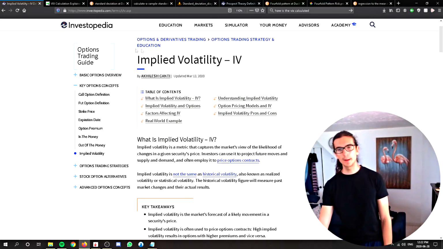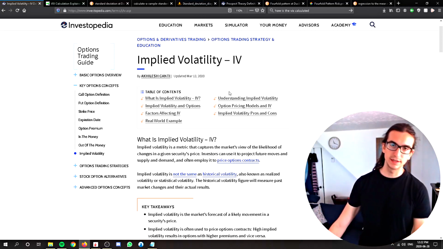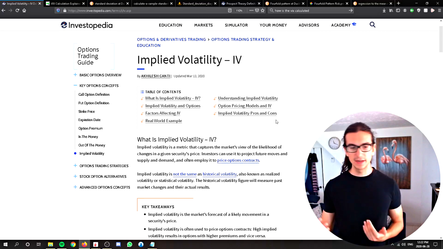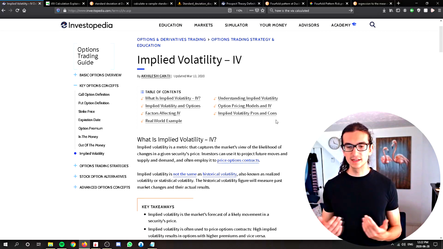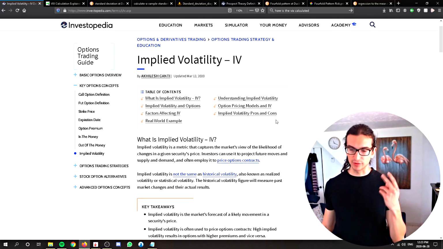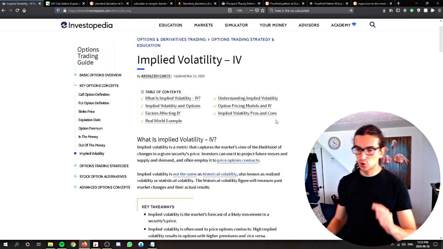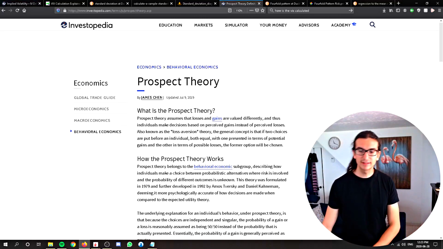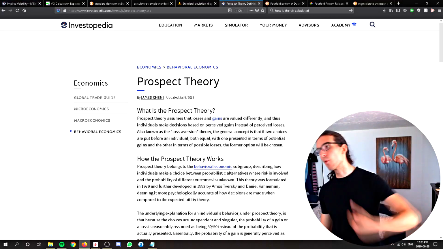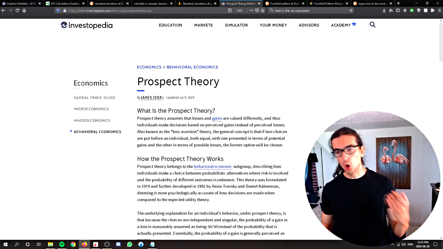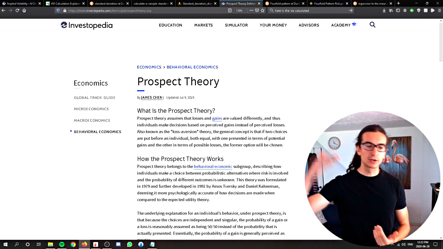The next thing we need to remember is that implied volatility is, number one, mean reverting. When drastic moves happen, they tend to revert back to what is considered the mean. And number two, volatility tends to usually be overstated. Now, why is volatility overstated? This relates to prospect theory. It's the fact that people are willing to pay more for insurance contracts, and they're willing to pay more for low probability bets to make large amounts.